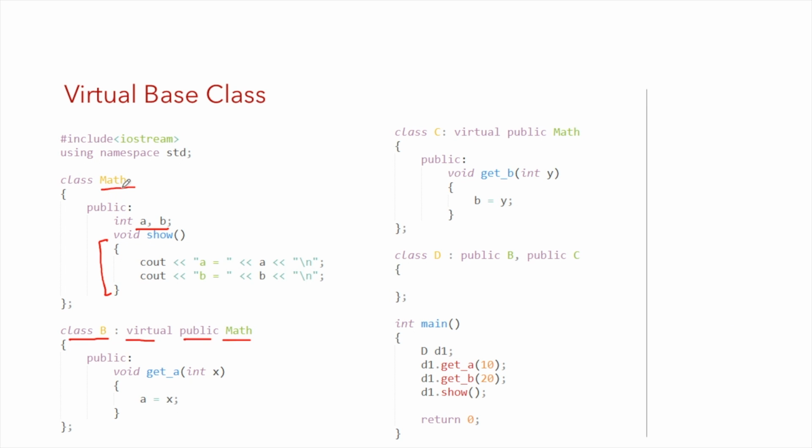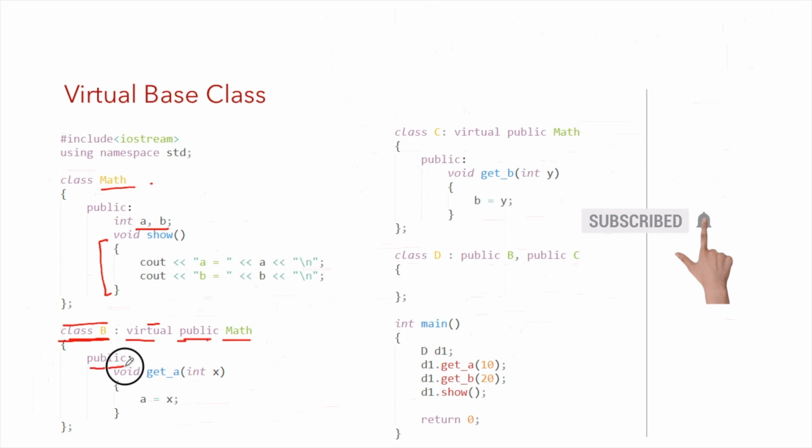So Math being my base class, I give access to the new derived class B to make it a virtual base class. So the syntax is the virtual keyword that you can add either before public or after the keyword public. So you can write virtual public Math, or you can write public virtual Math. Both are allowed in C++.